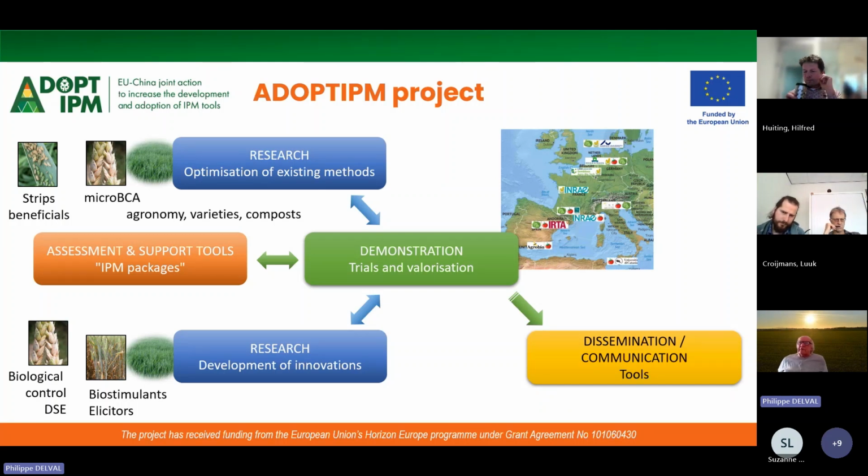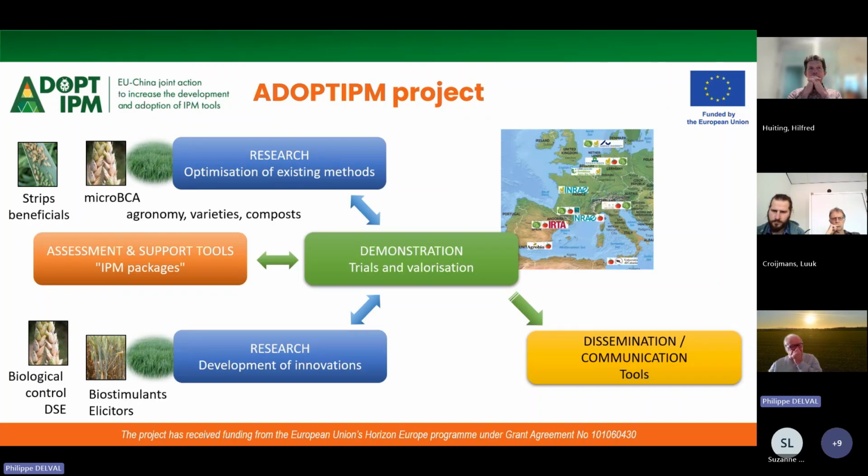And in the south, you can see that the people of France, Italy, and Spain are more involved in vegetables, tomato, in field and in glasshouses, but also leafy vegetables. And in China, we also have a network.